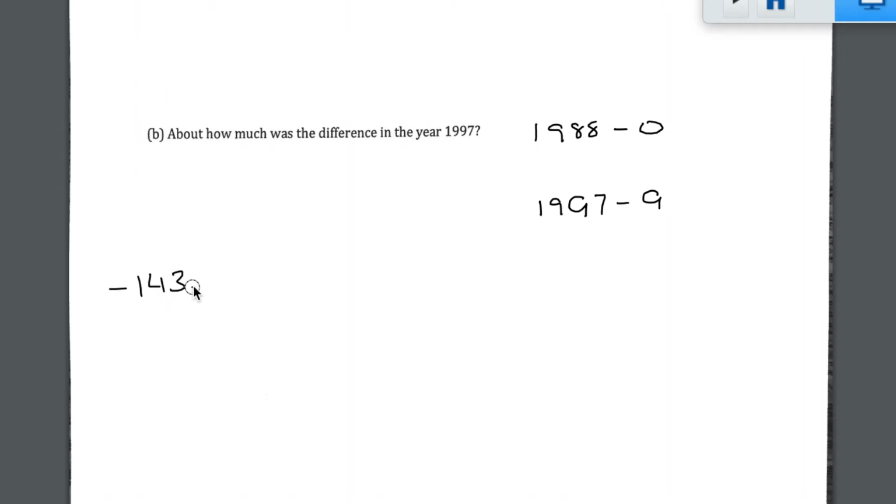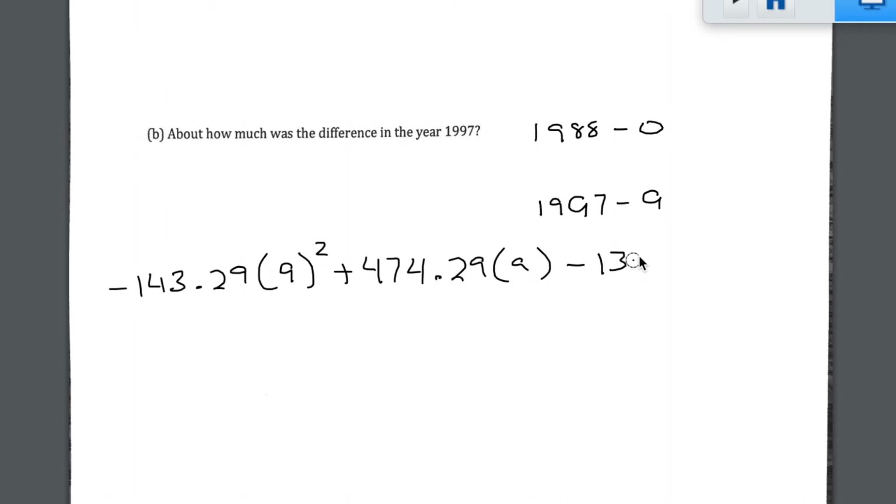So negative 143.29 for the t, I'm going to plug in, because this t stands for years, I'm going to square that, plus 474.29. There's another t, so I'm going to plug in another 9, and then minus 1,378. You type that into your calculator, make sure you hit squared.